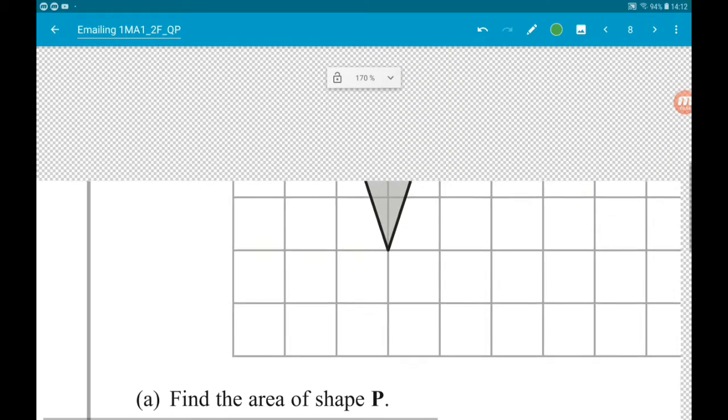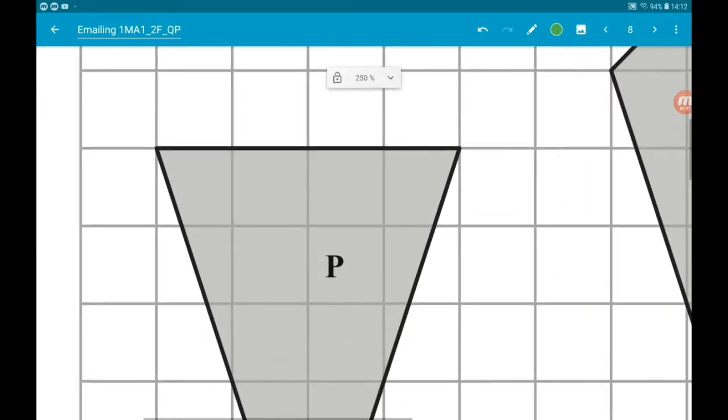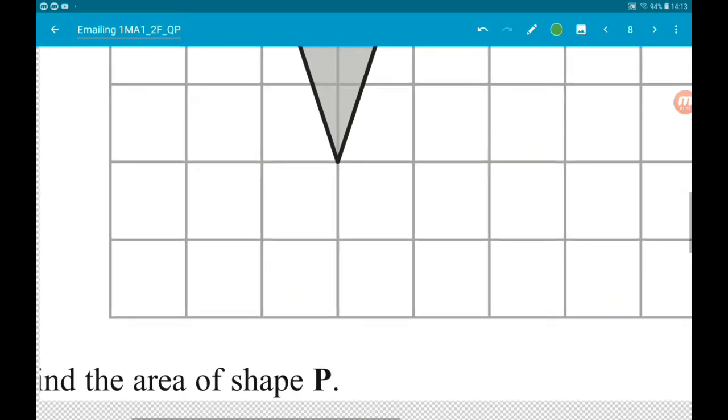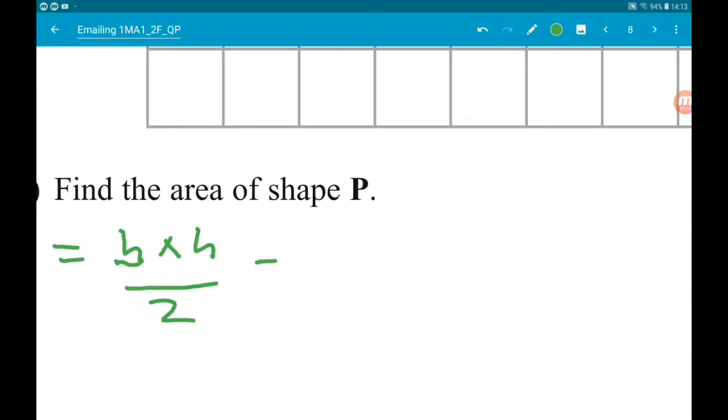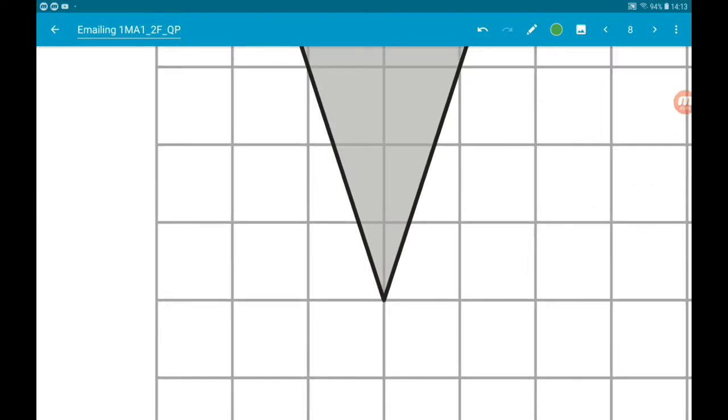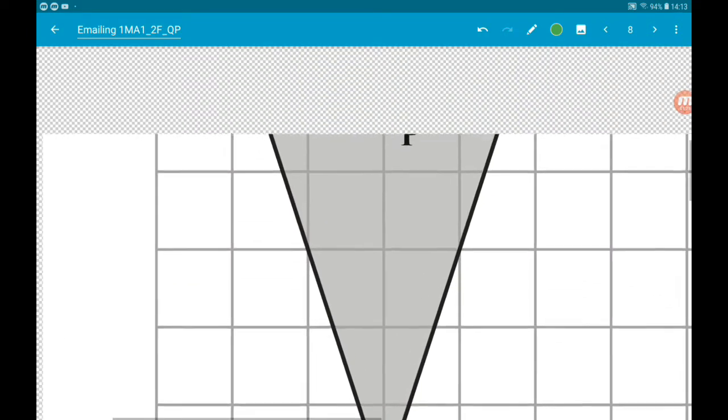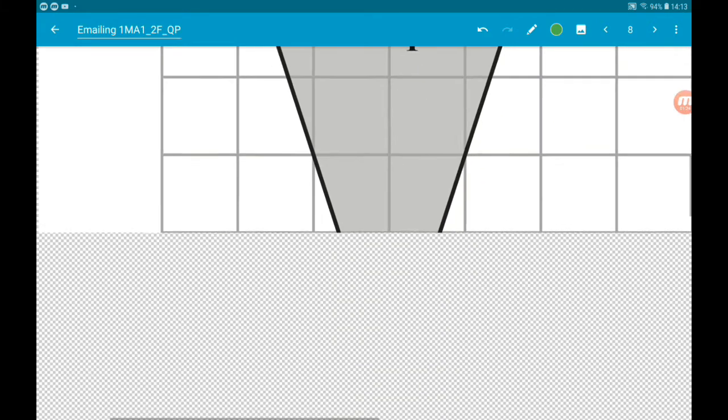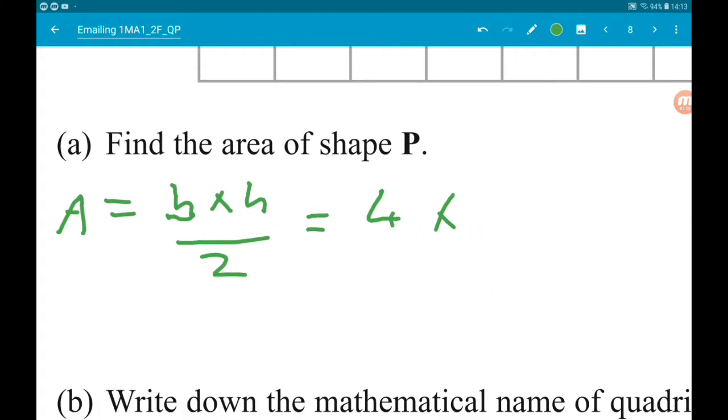So, for this triangle then, the base is 4. Now it doesn't matter here that this base is at the top of the triangle, so this is going to be 4 times the height, which is 1, 2, 3, 4, 5, 6, all over 2.